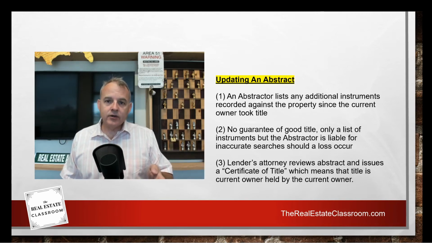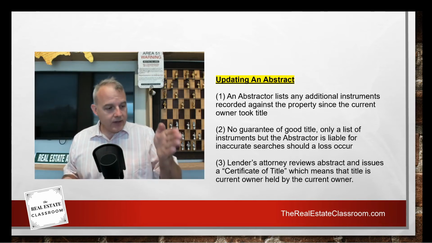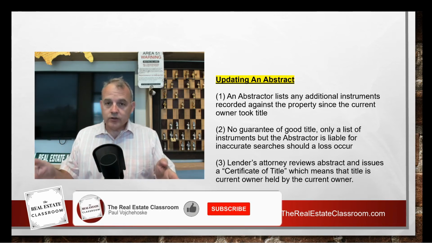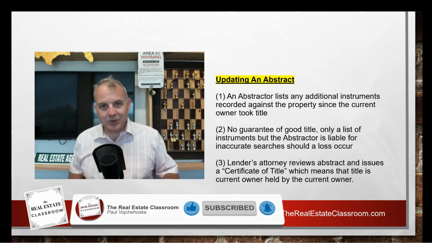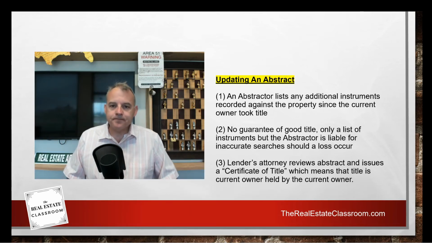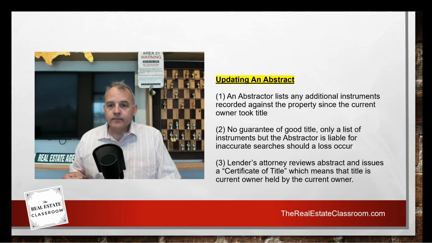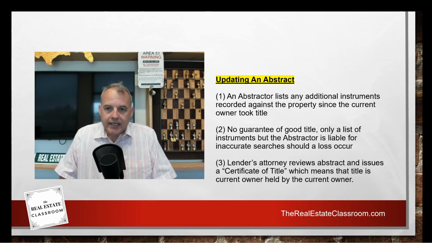All I have to do is hire someone to update this abstract or update this history report from the time that the current owner owned it to closing, so I'm not getting any junk that should be the responsibility of the current owner. So again, an abstractor will do the research and they'll list any additional instruments recorded against the property since the current owner took title. That's called updating an abstract.